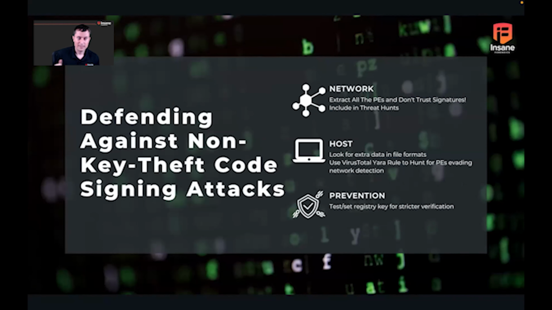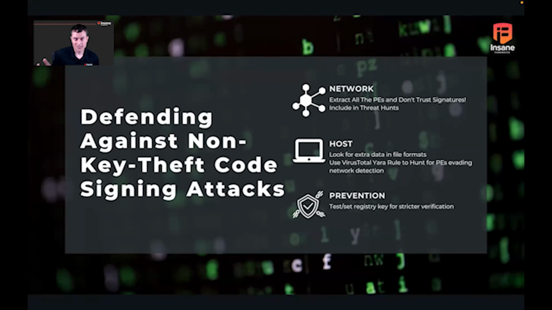So how do you defend against this? On the network side, when you're threat hunting, and hopefully you're doing threat hunting to look for this, you really should be extracting out the PEs and not just checking the digital signatures. Obviously, if the digital signature is bad, you're going to want to triage that PE and figure out if it's malware.